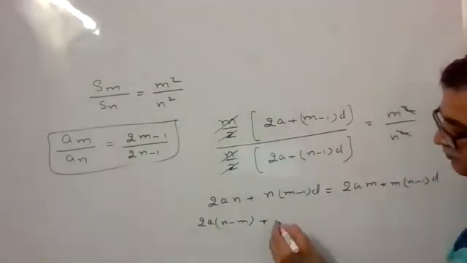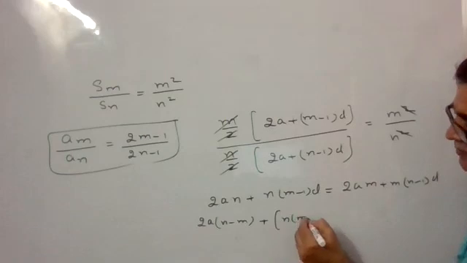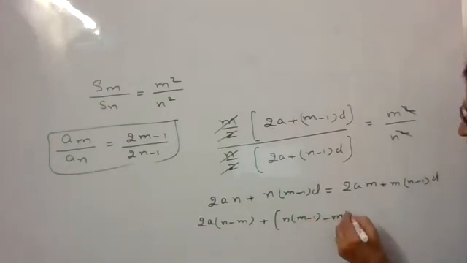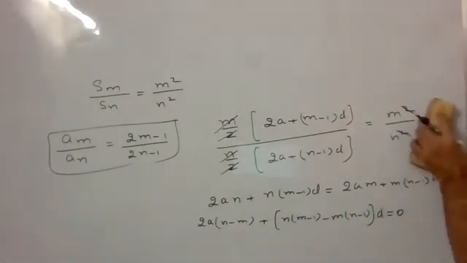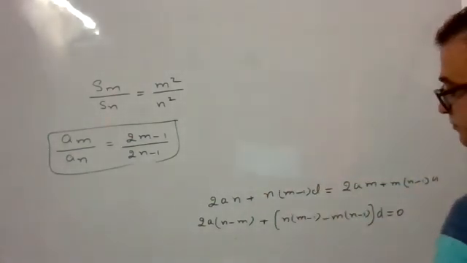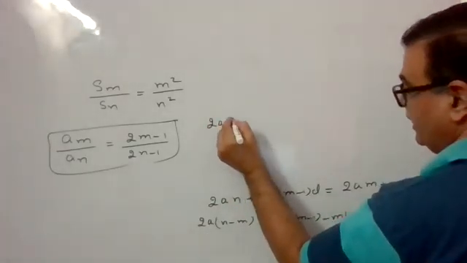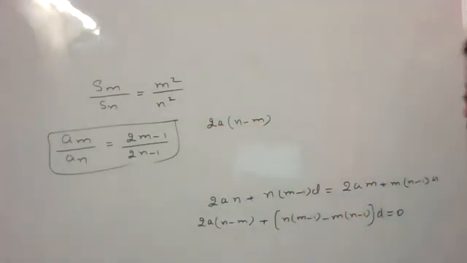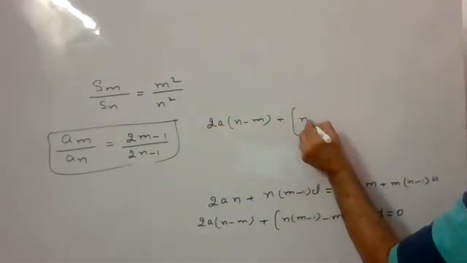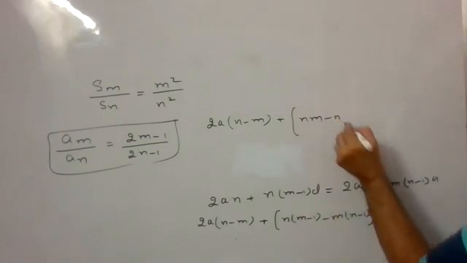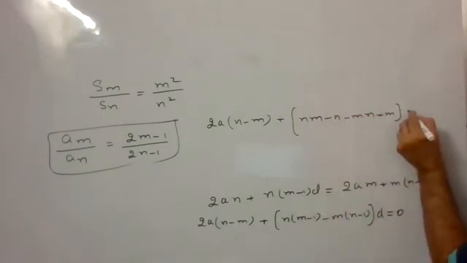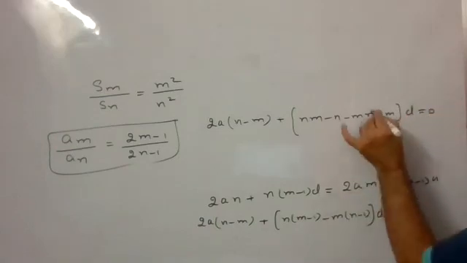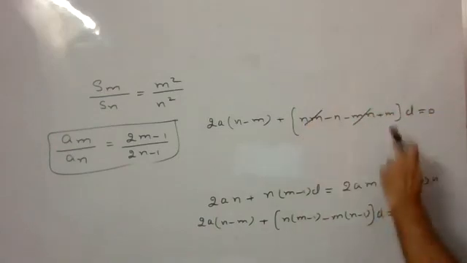And here we will take plus n times (m minus 1) minus m times (n minus 1) into d is coming 0. Then I'll write 2a(n minus m) plus here it will come nm minus n minus mn plus m coming equal to 0. m and m, mn and mn cancel out. This is also m minus n.